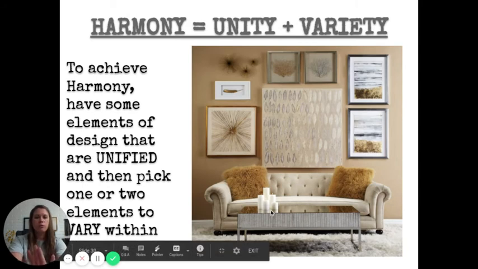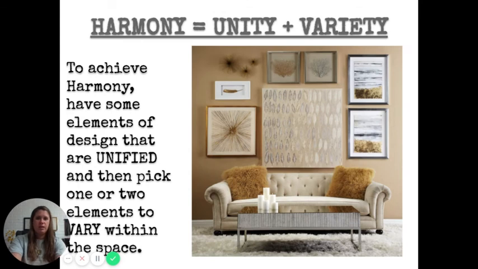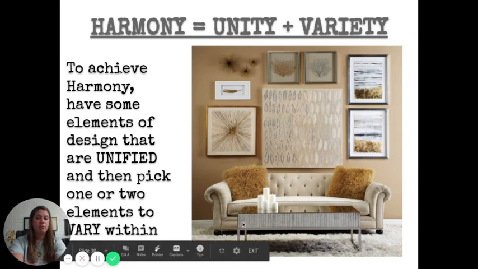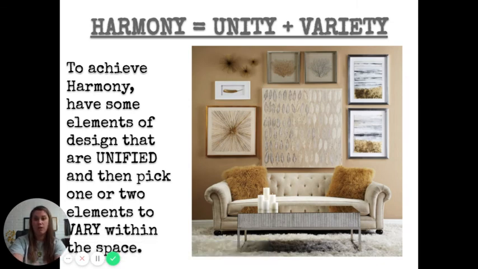The reason this picture is the perfect example of harmony is that, based on the color scheme, it's very much a neutral color scheme. It is very much unity, because everything matches perfectly. They did not stray away from their color scheme at all here. They even have some pictures that go together, and these two that go together. They have matching pillows here.